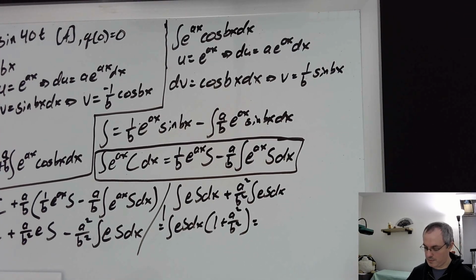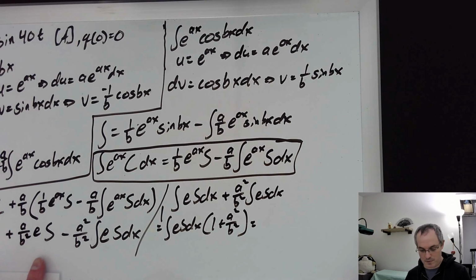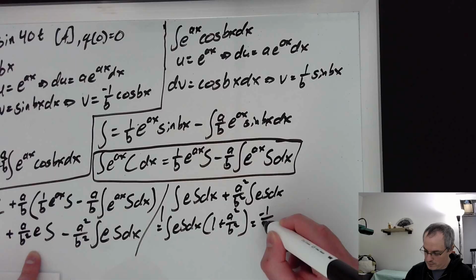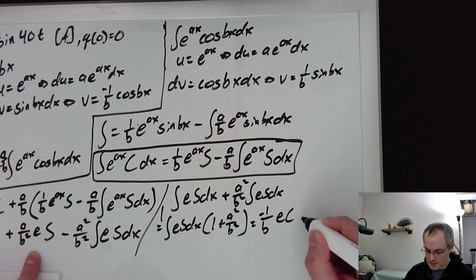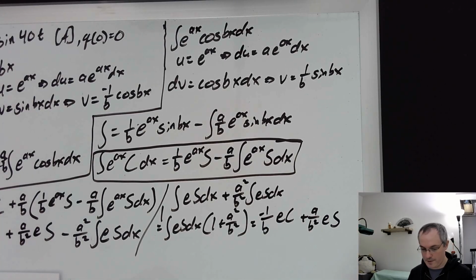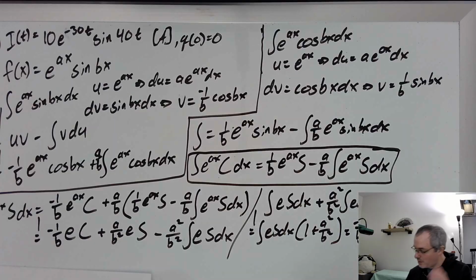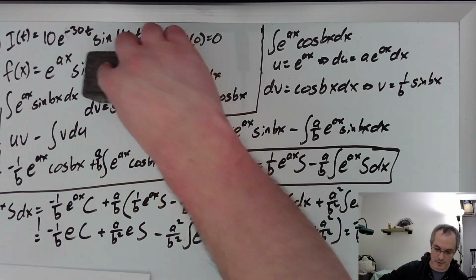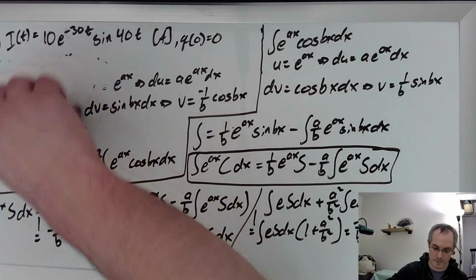And that's going to be equal to these two terms from the other side: minus 1 over b e C plus a over b squared e S. All right. Boy, I hated that. Let's get rid of this stuff.